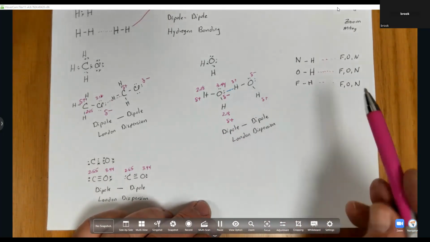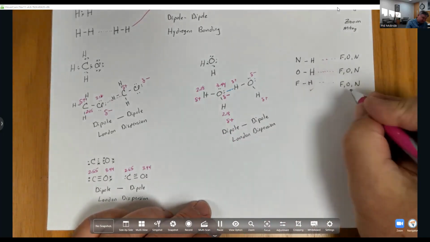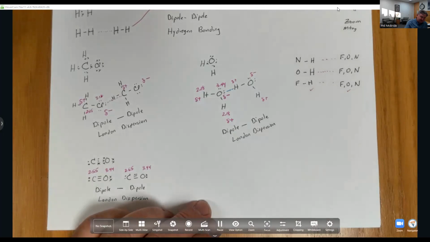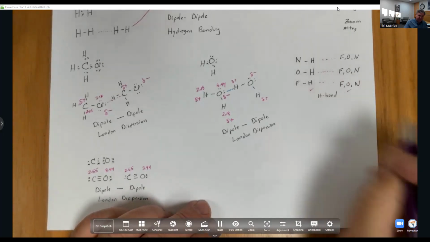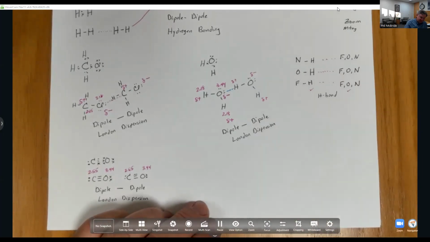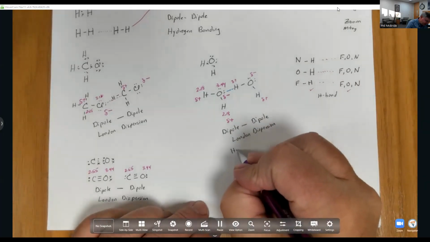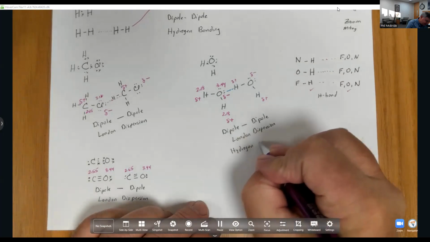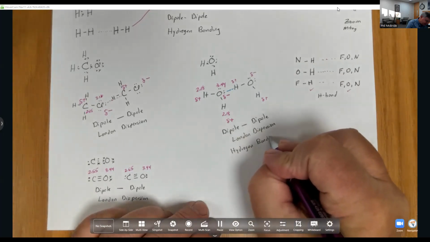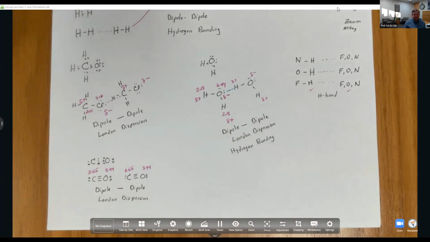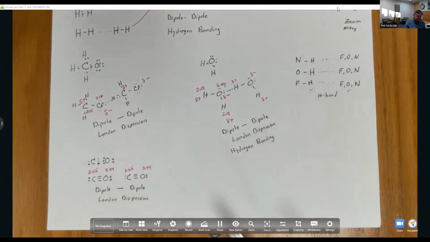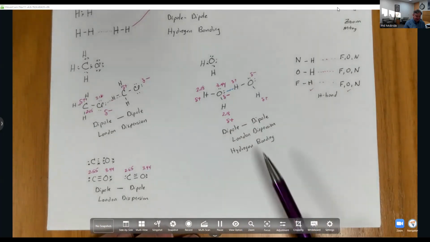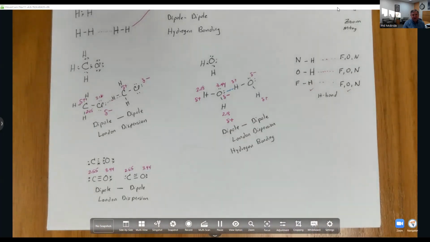Oxygen. So this part is true, this part is true. So this is a hydrogen bond, so this one would also have hydrogen bonding. Now, the strongest of the three is hydrogen bonding because it's a very strong dipole-dipole. Then dipole-dipole, and London dispersion is the weakest of the forces.